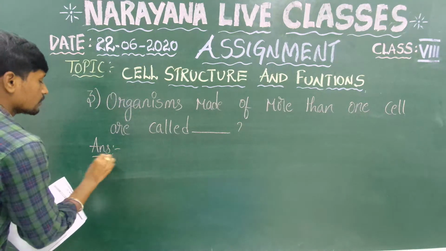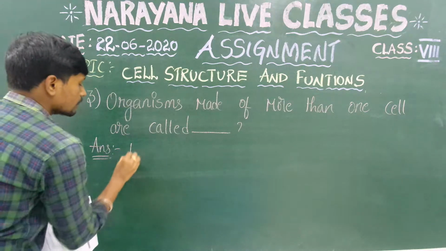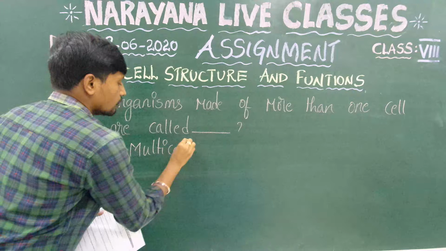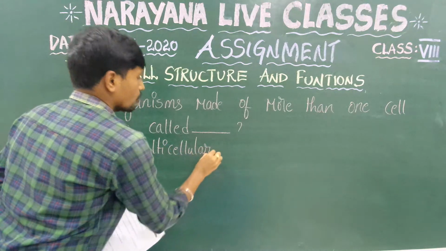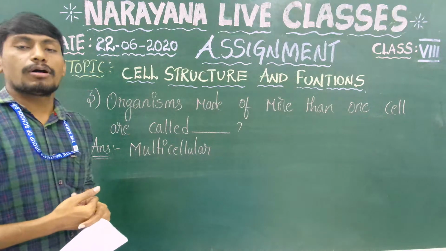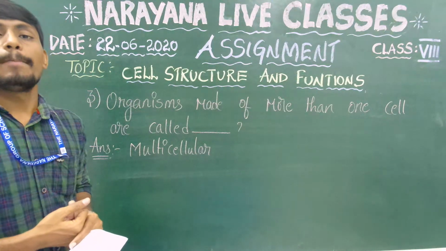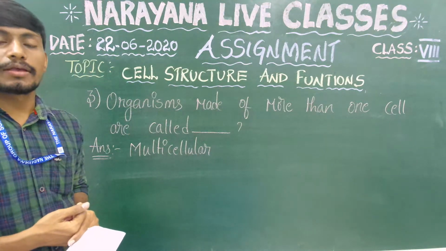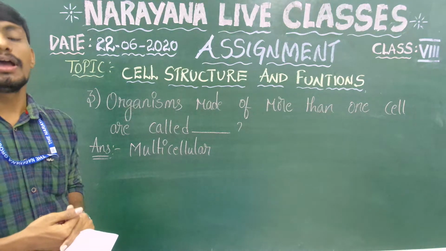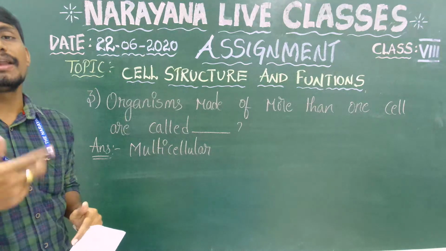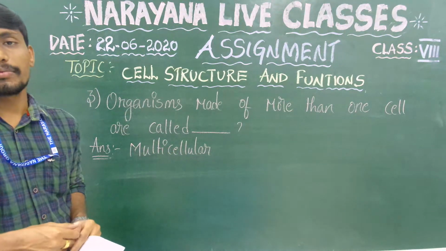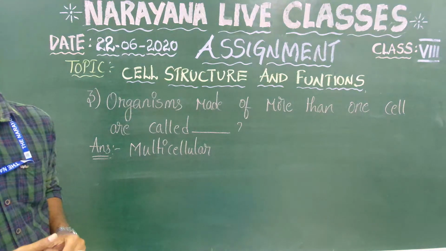Here the answer is multicellular. The organisms which are made up of a single cell, we call unicellular organisms, and the organisms with many cells, we call multicellular organisms, for example humans and animals.